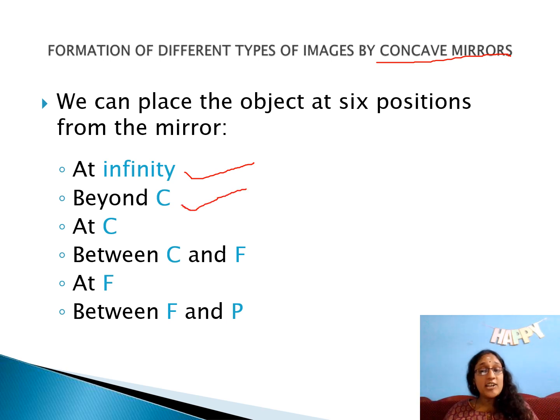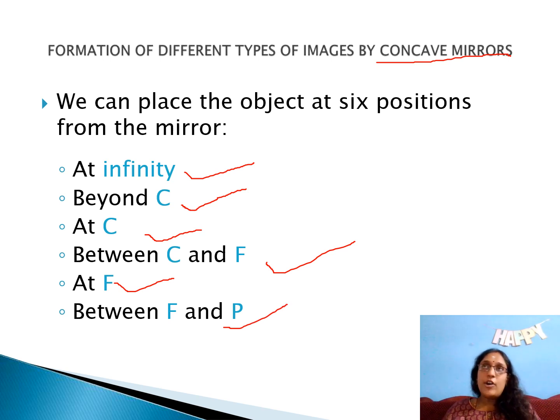What is your C actually? Center of curvature. Do you remember? And then exactly at C. Next is between your center of curvature and F. What is your F? F is your principal focus, right? And then exactly when you keep the object at F, and then between F and P. This is the pole. A lot of students get confused between pole and principal axis.